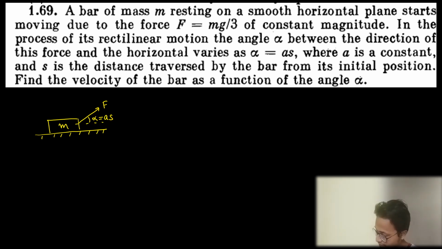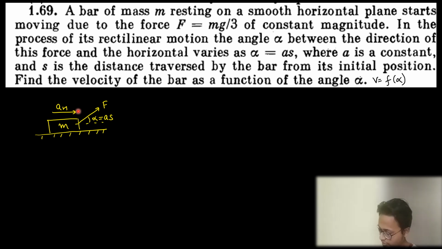Now the question is saying find the velocity as a function of alpha. So out here in order to find out the velocity, I need to find out the acceleration. There is a horizontal component of acceleration. And until and unless the vertical component of force becomes greater than mg, there will be no vertical component of acceleration. So initially when the force was in this direction, there was no vertical component of acceleration.